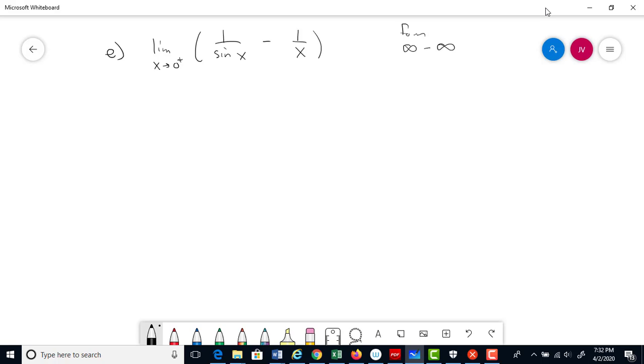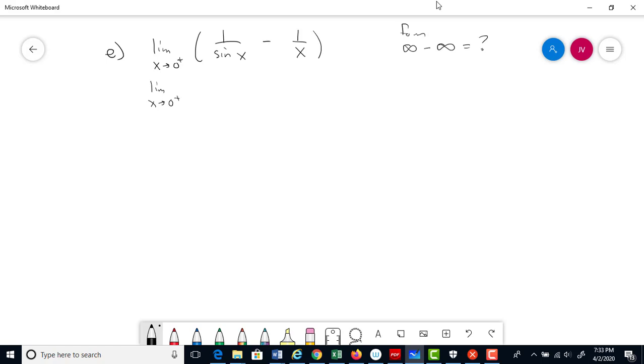I'm going to use L'Hopital's rule. And notice that I can't use L'Hopital's rule right now. I know the limit of the difference is the difference of the limits, but you can't just write this. If you put the limit here, you're going to have infinity minus infinity, which is indeterminate. Nobody knows what that is. So what I have to do is turn this into a single rational expression so that I can do L'Hopital's rule.